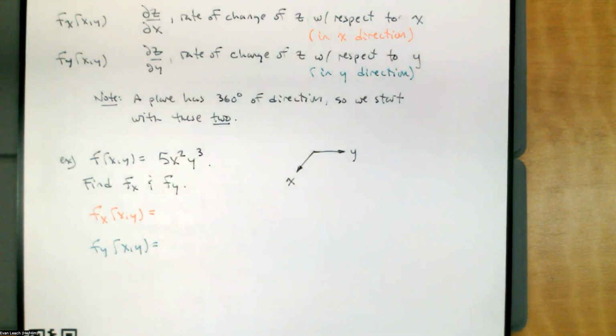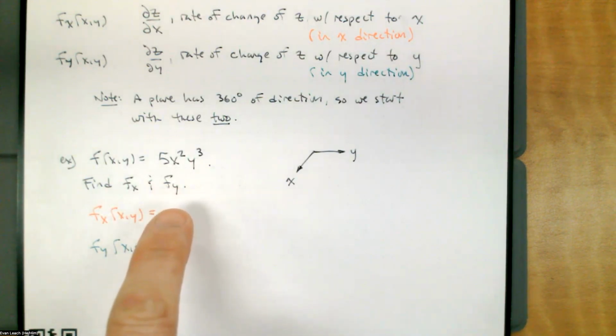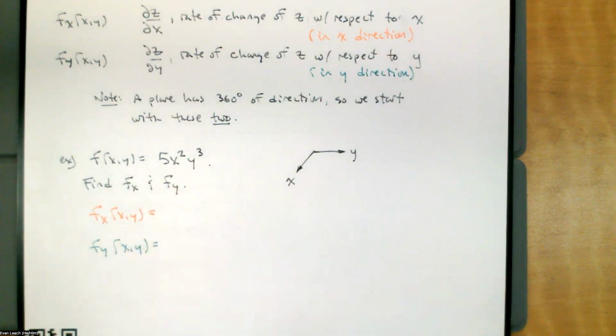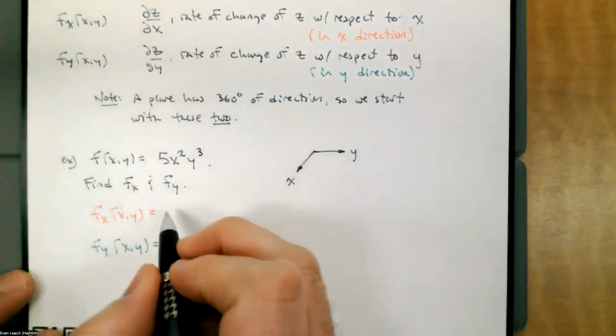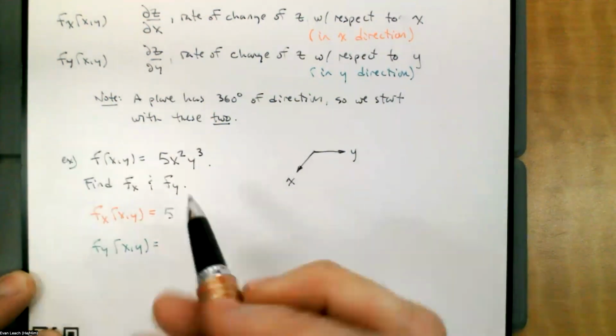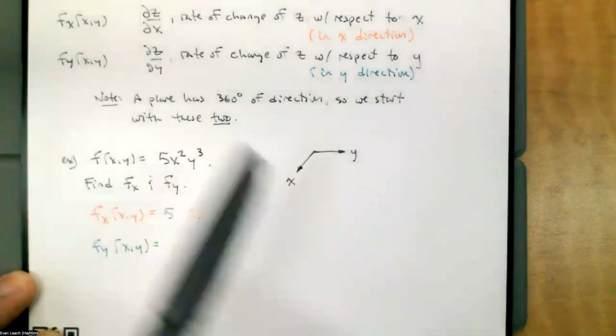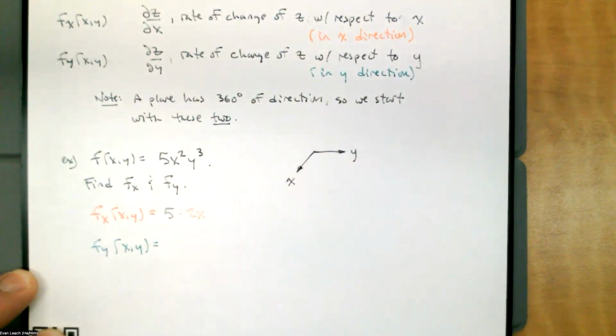Forget the y, pick a constant value of y. What's the derivative of this function with respect to x? What's the derivative of the x part of this function? 2x. Everything else, we just keep constant. So I keep the 5. 5 is just a constant. The derivative of x squared is 2x. Everything that's not x is constant.